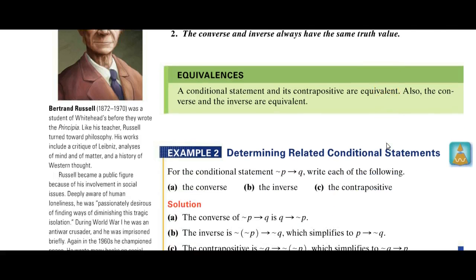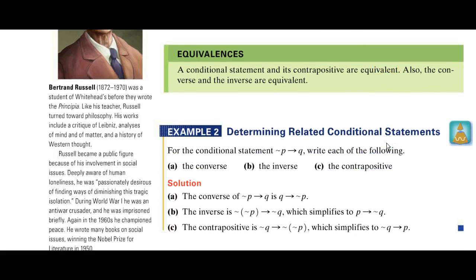All right, we're going on now to what are called equivalences. A conditional statement and its contrapositive are equivalent. Also, the converse and the inverse are equivalent.